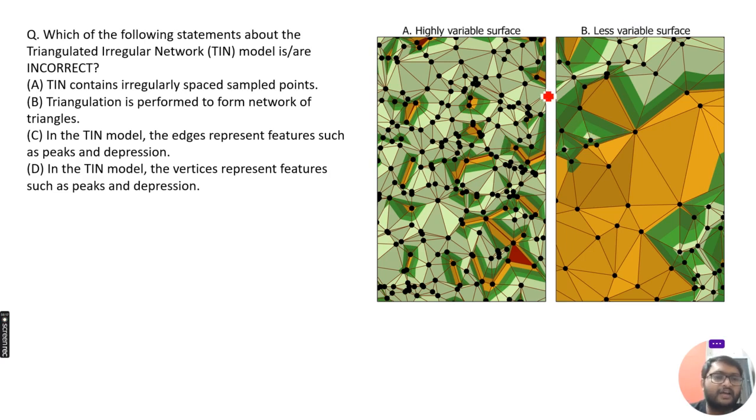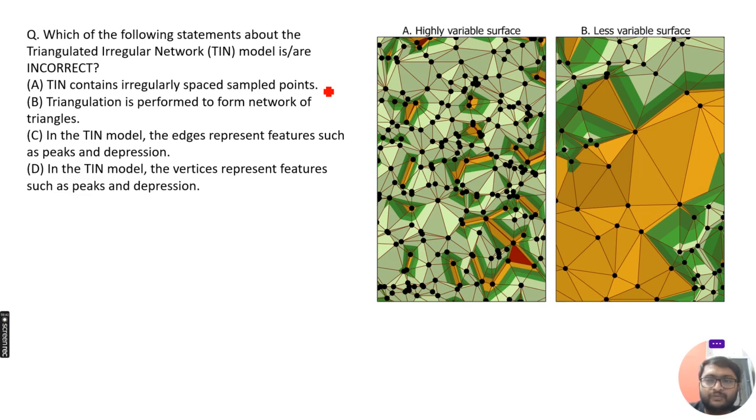This is how your TIN data will look, generated using the Delaunay triangles, which we learned in the previous few questions. Here you can see TIN data for a highly variable surface where topography is changing a lot, and then for planes, how it will look. TIN contains irregularly spaced sample points.